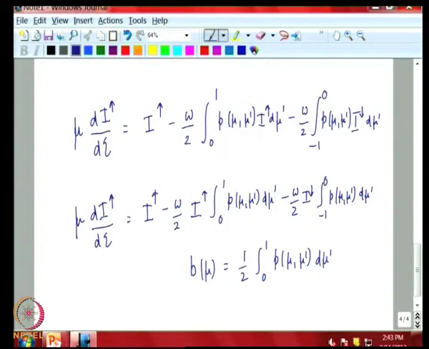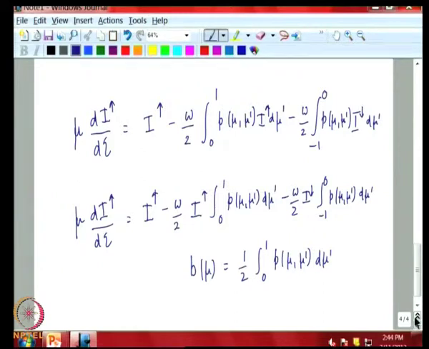And this represents the fraction of radiation that is scattered into the opposite hemisphere. Okay. So, it shows a ray travelling in direction mu prime, how much of it is going in the opposite hemisphere due to scattering.